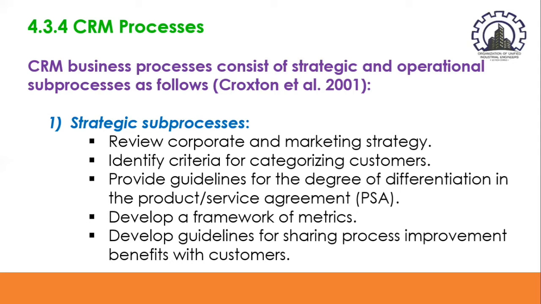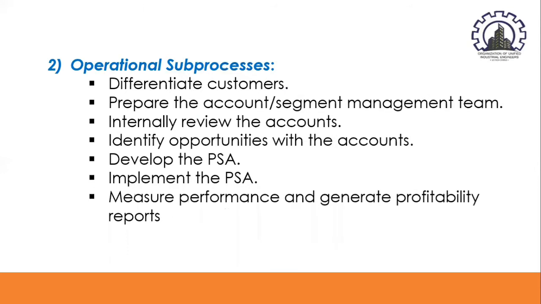On the other hand, operational sub-processes include differentiating customers, preparing the account or segment management team, internally reviewing the accounts, identifying opportunities with the accounts, developing the PSA, implementing the PSA, and then measuring performance and generating profitability reports.